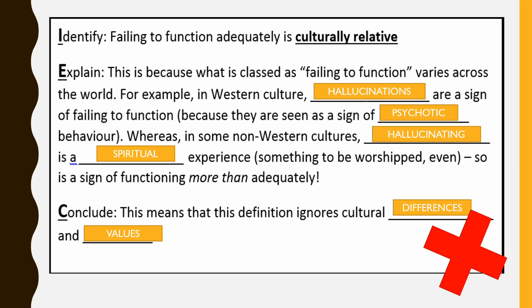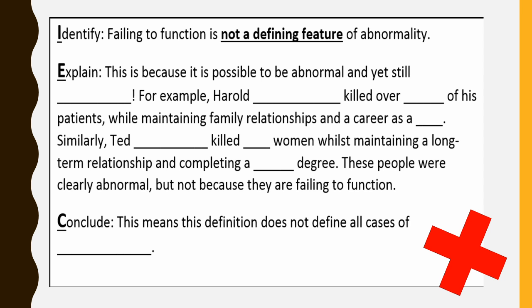Moving on then to the final criticism here. Failure to function is not a defining feature of abnormality. This is because it is possible to be abnormal and yet still function. The examples that we use here are serial killers. For example, Harold Shipman killed over 200 of his patients.